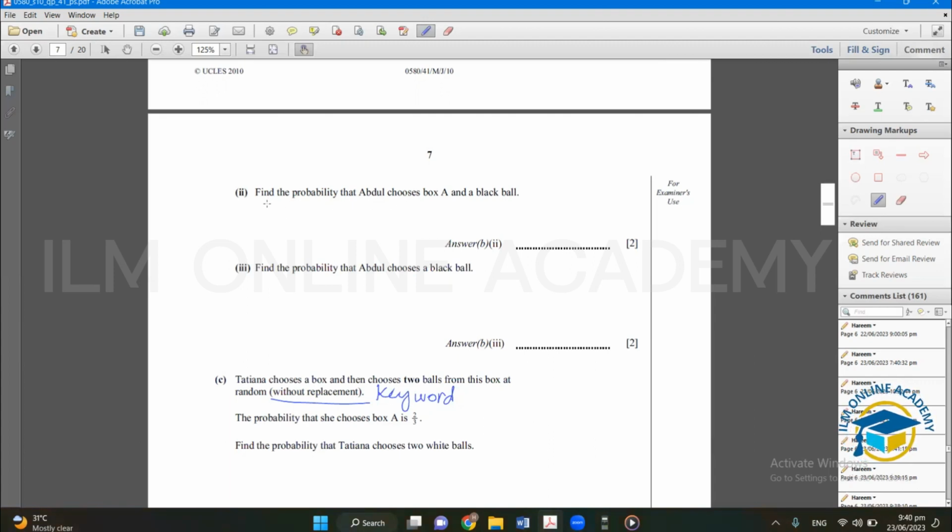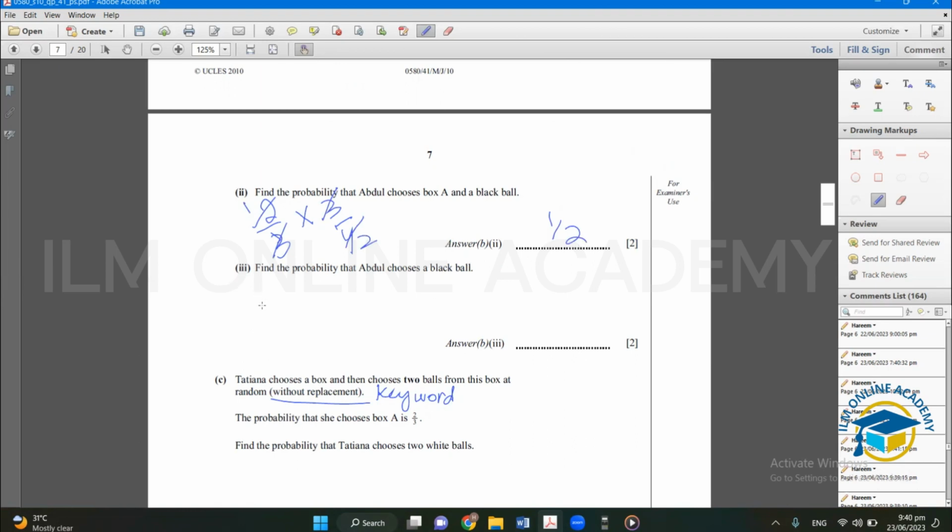The probability of getting box A is 2 over 3, and then getting the black ball is 3 over 4. So 2 over 3 times 3 over 4: the 3s cancel, and 2 over 4 is 1 over 2.